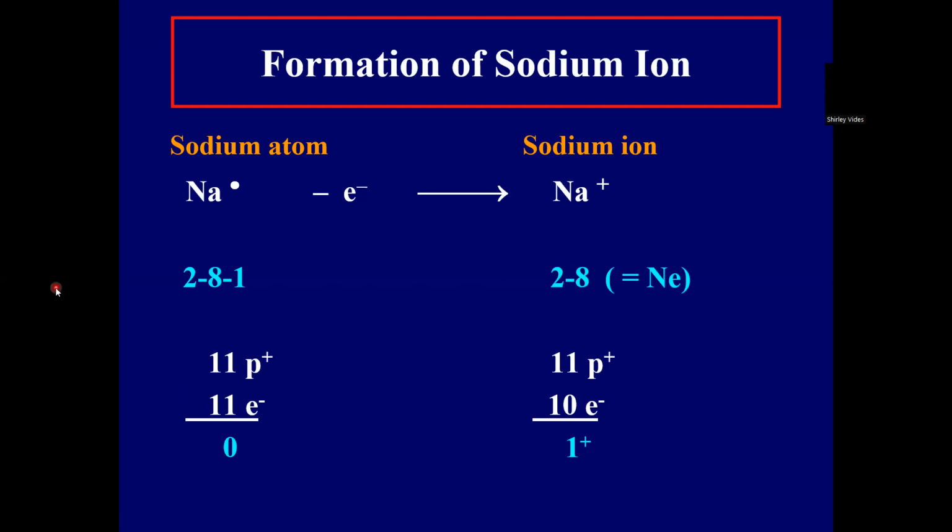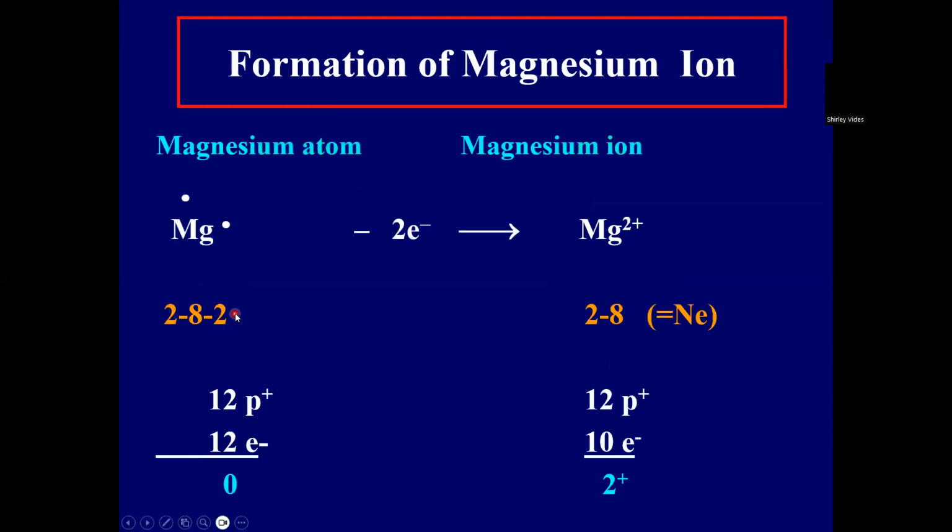So let's look at what this means. All right, magnesium, same thing, right? Magnesium has 12. It's in group 2. See how you have 2 little electrons? So now those 2 electrons are going to be lost, and you get a magnesium 2 plus. It has 10 electrons and 12 protons.